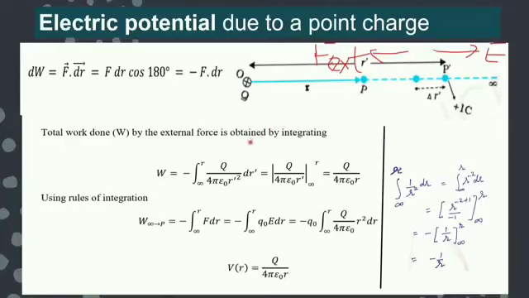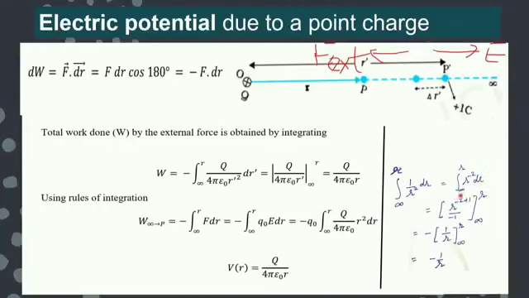So here of course you have to find the integration after putting the value of force. Force is Q upon 4 pi epsilon naught R' square, because this P' is taken at the distance R'. That is why here we have written R' as the distance, and the limit is from infinity to R. So when you find the integration of 1 upon R square, these are the steps I have written for your convenience.